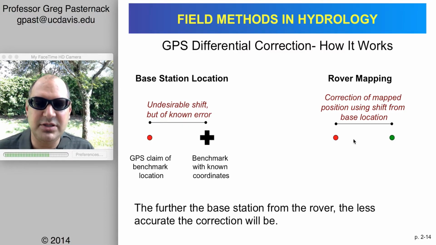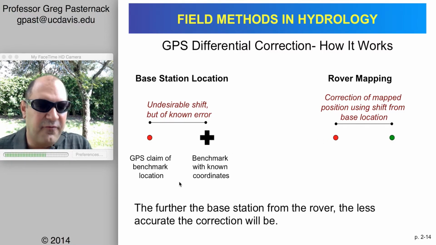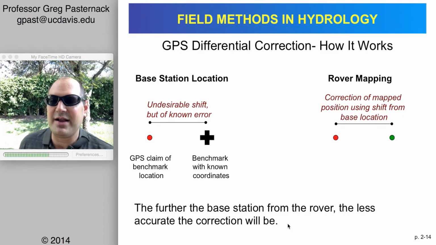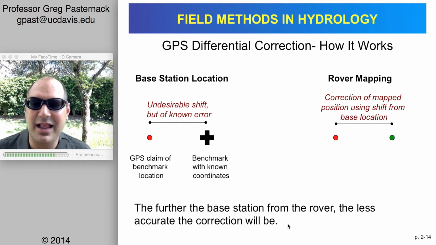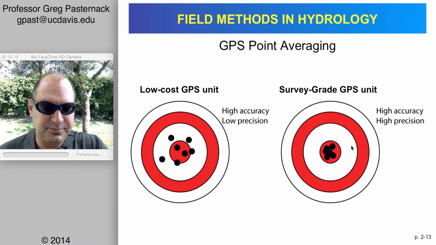And it's almost like a few clicks to apply a correction. The further the base station is from the rover, the less useful the corrections are because it's going to be experiencing different atmospheric conditions and satellite configurations than what the rover is experiencing.